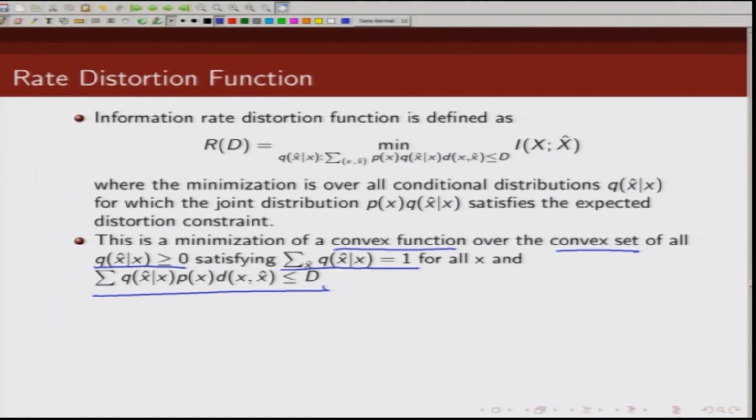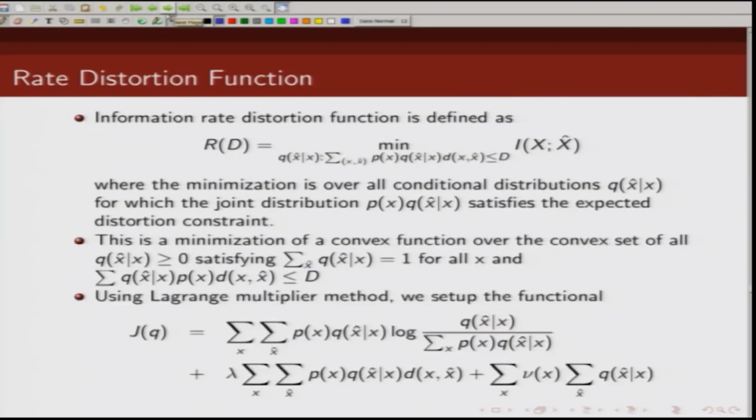So again I repeat, basically we are minimizing this convex function over this convex set, and we have some additional constraints, which are that the sum of probabilities is 1, and this expected distortion constraint should be satisfied.